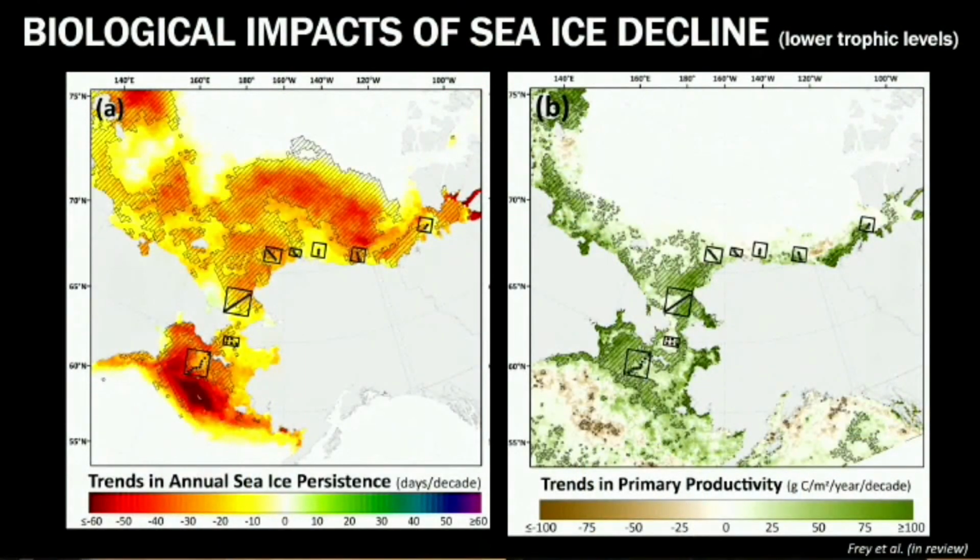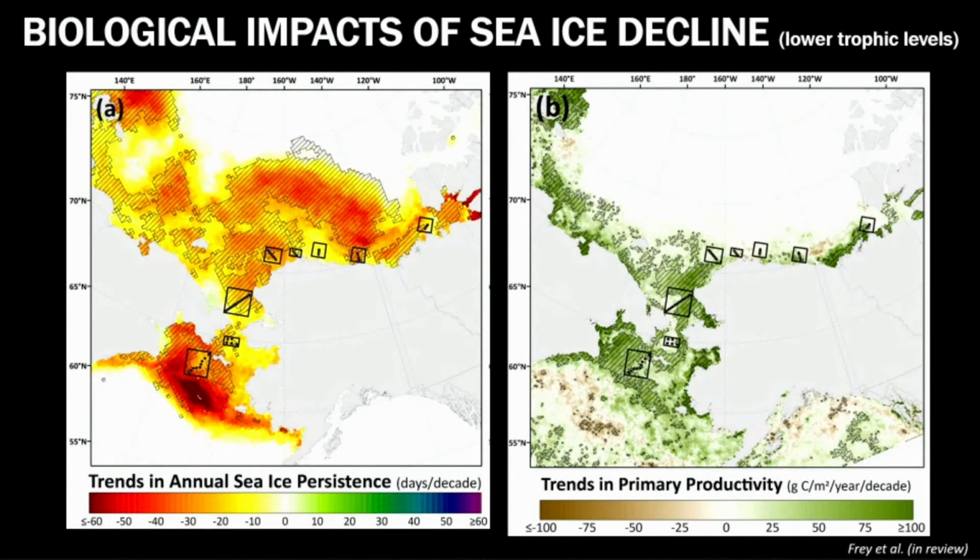So these are our particular field sites that you see here on the left. That's using spatial analysis to get a sense of how fast sea ice decline in these areas is actually occurring. The deeper reds indicate a stronger decline of sea ice. The cool colors denote increases in sea ice. You don't see a whole lot of those cooler colors by any means.